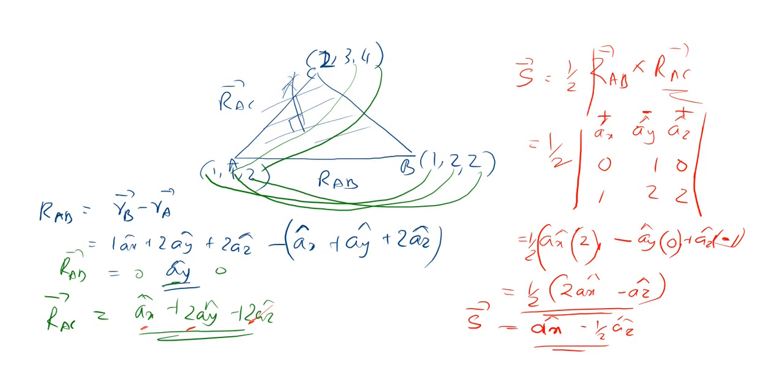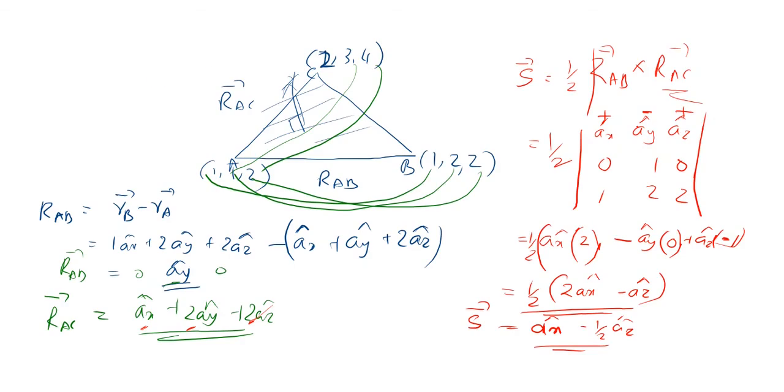It is asked about how to find the magnitude of S. Mod S will be magnitude of, that is square root of, we have vector is ax cap minus half az cap, so root of 1 square plus 0 square plus half square, so that will be square root of 1.25. So this is the magnitude. So this is about calculating the area of a vector.